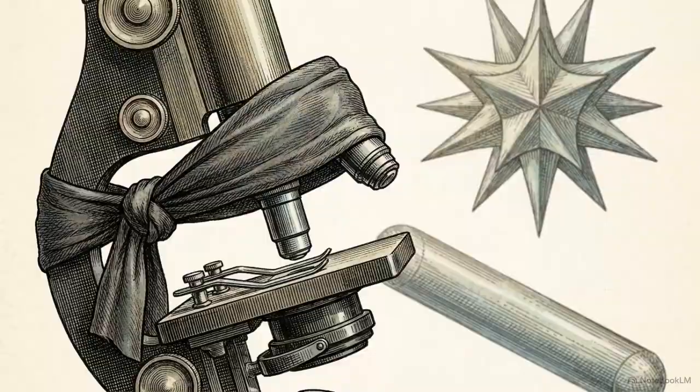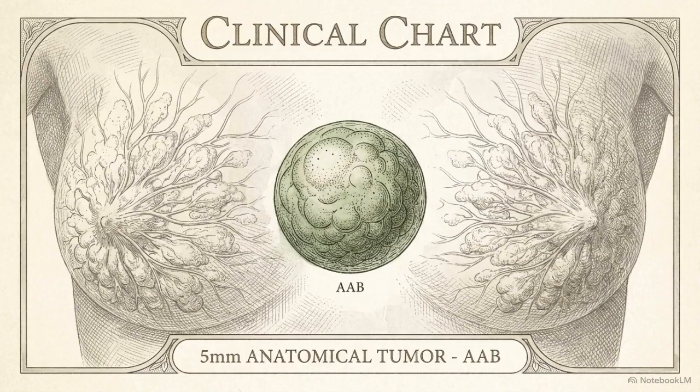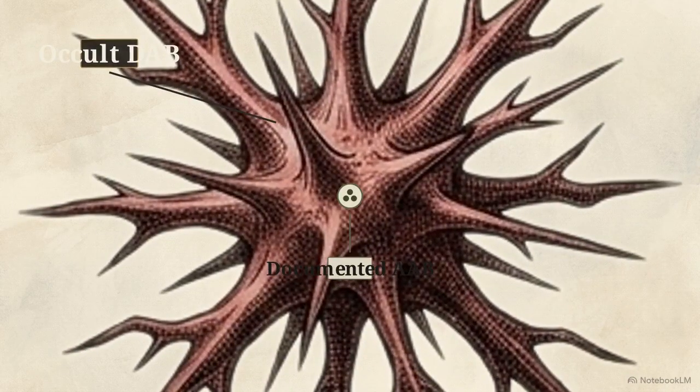The direct clinical consequence of this nomenclature error is systematic surgical overtreatment for women with isolated early-phase AABs. Conversely, there is an inverse lethal danger. A patient is easily undertreated when a small documented AAB masks a concurrent occult DAB.